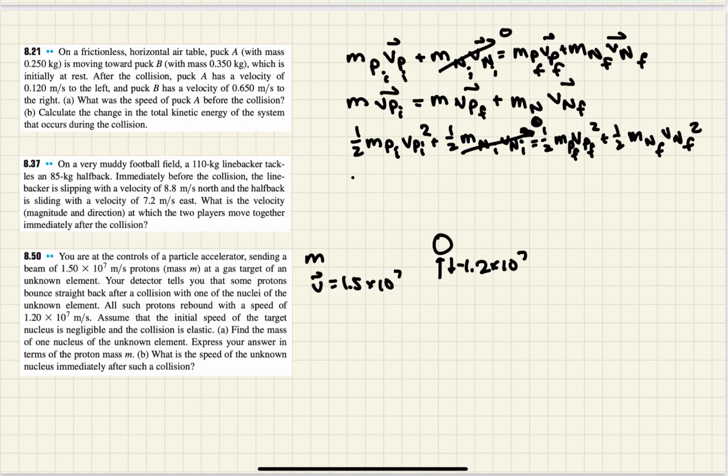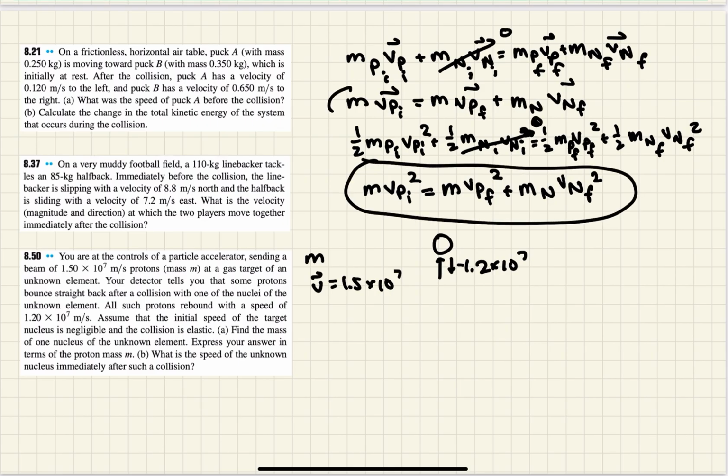Again, this is negligible. We can get rid of that. And simplifying it a bit, I can just get rid of the 1/2s because they're everywhere. So M VPI squared is equal to M times VPF squared plus MN times VNF squared.